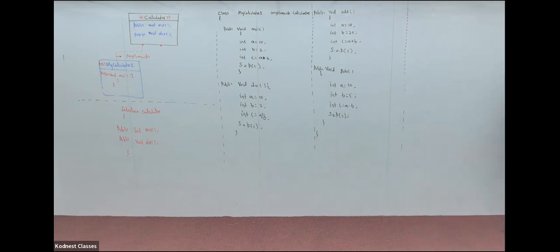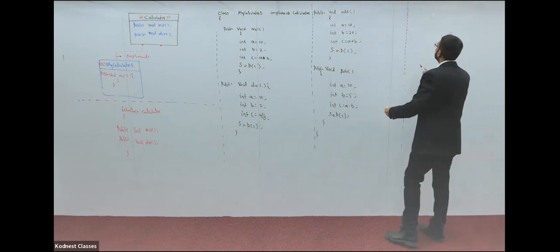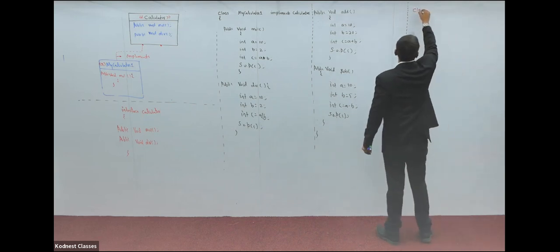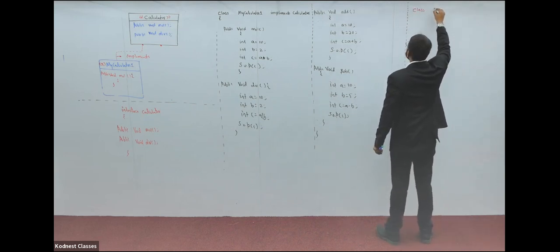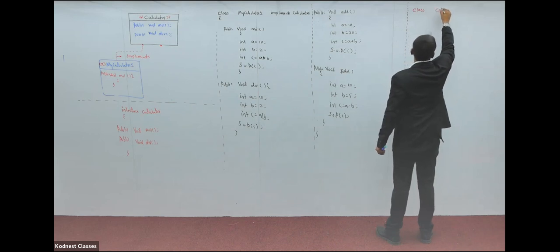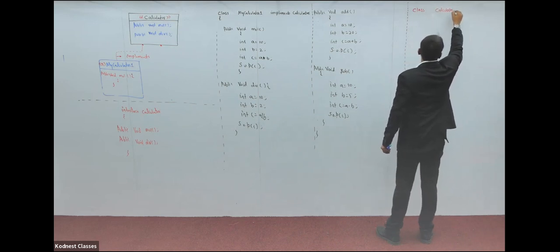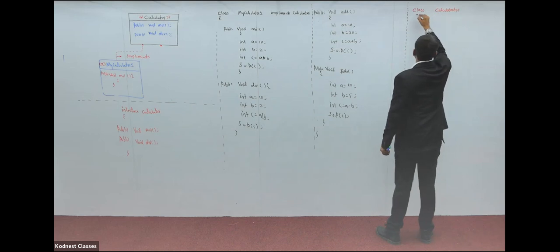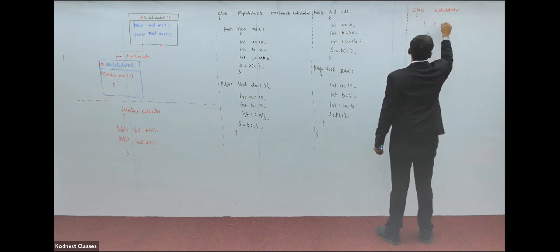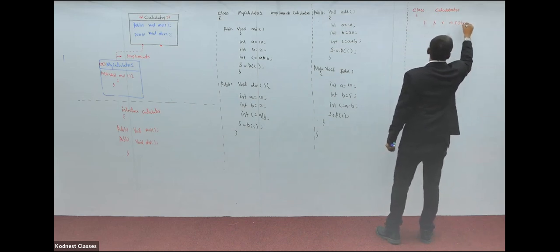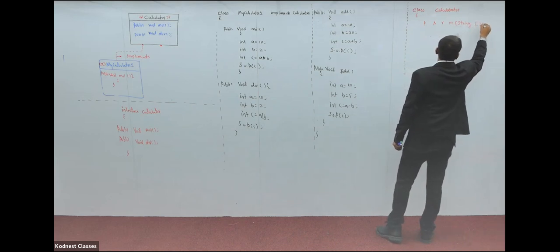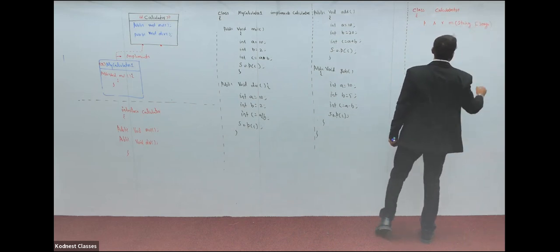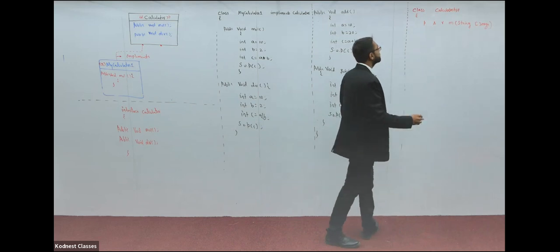Now what I will do is I will have one more class written to have the main method. This is the class called calculator app. Public static void main, which would accept string of args as the parameter.